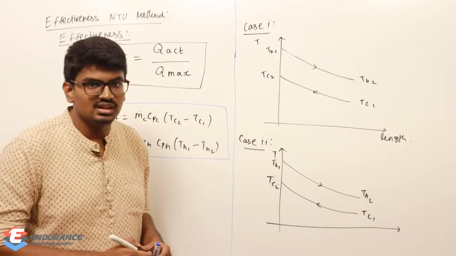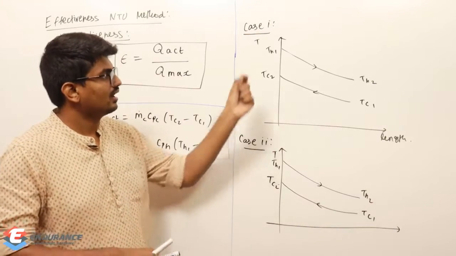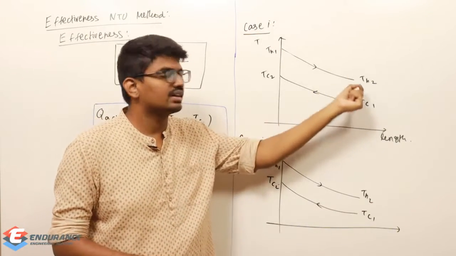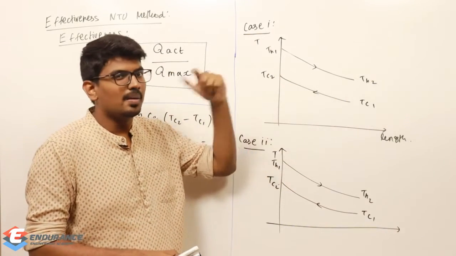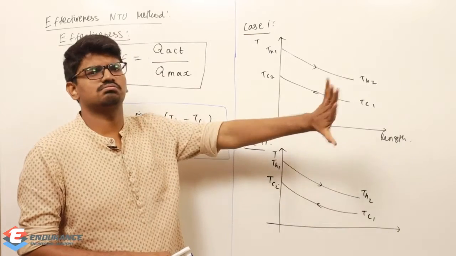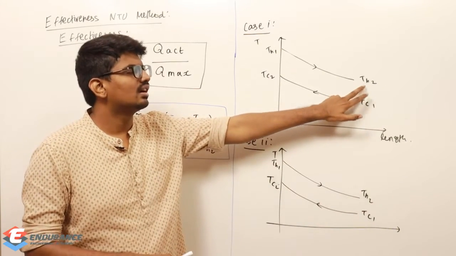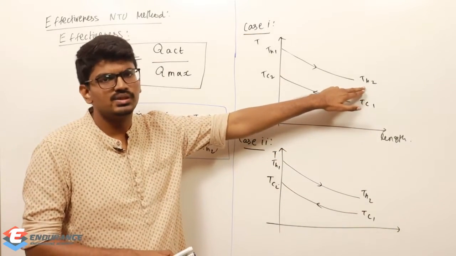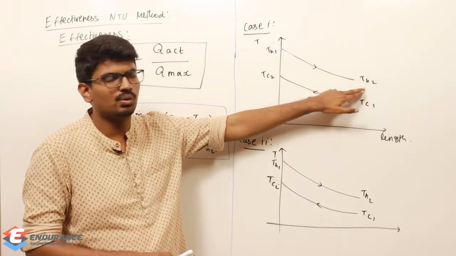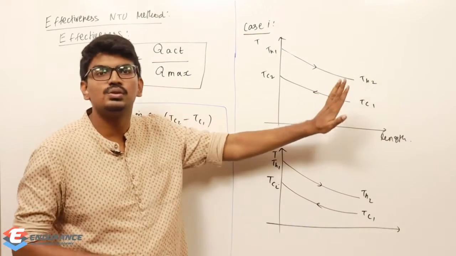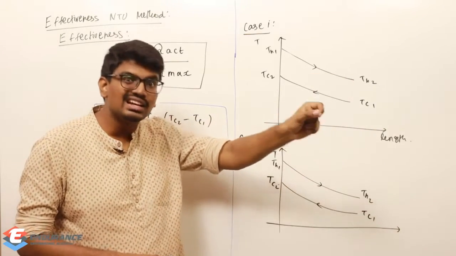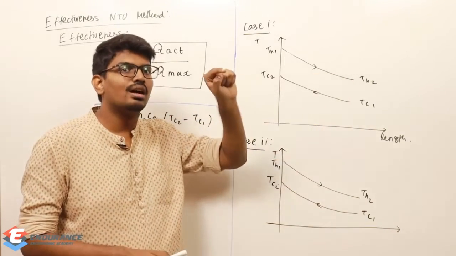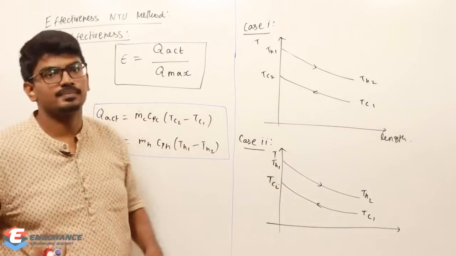The first possibility is, see, we know that hot fluid temperature is going to continuously decrease and cold fluid temperature is going to increase continuously. But what is the maximum possible drop in the hot fluid's temperature? What could be the minimum temperature the hot fluid can reach? When the hot fluid reaches minimum temperature, that is the point where maximum heat transfer has happened. Am I right?